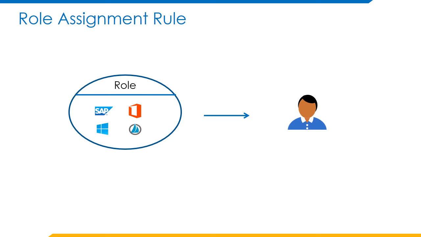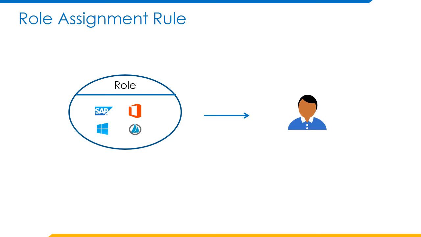In order to assign such a role, we can either request it using lifecycle manager, or we can create a role assignment rule to specify whether a particular identity can have this role.